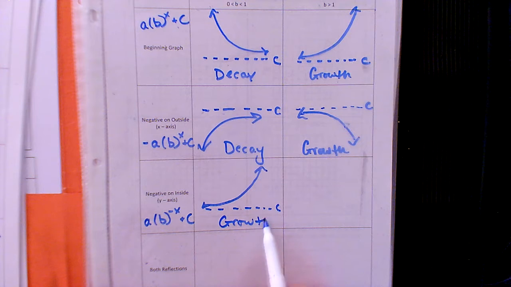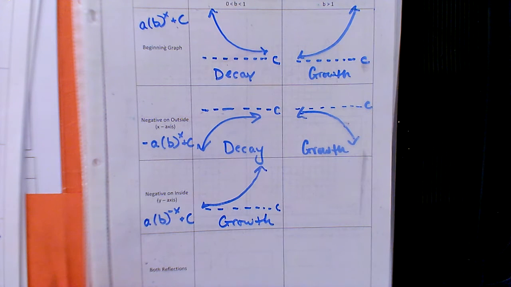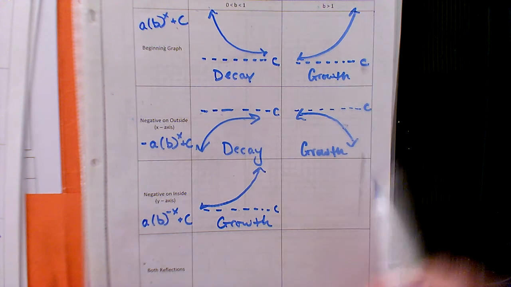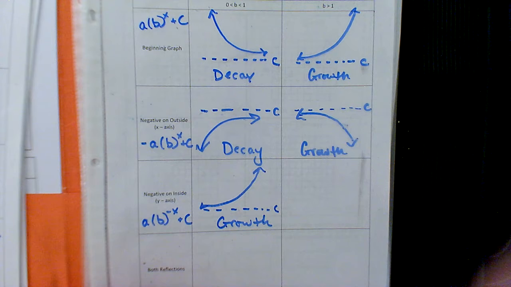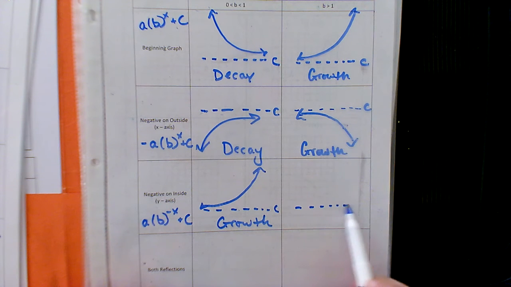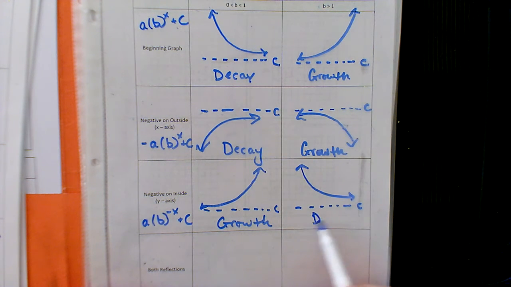Now it's growth. Yep. All right, so what if our base is bigger than 1? If we flip this beginning graph left and right, it changes to decay.